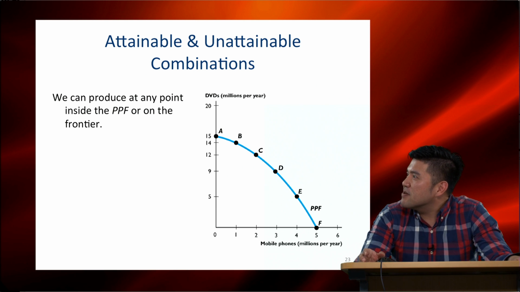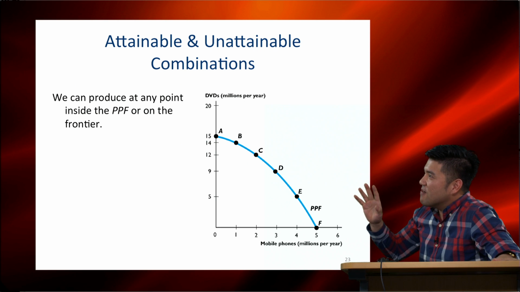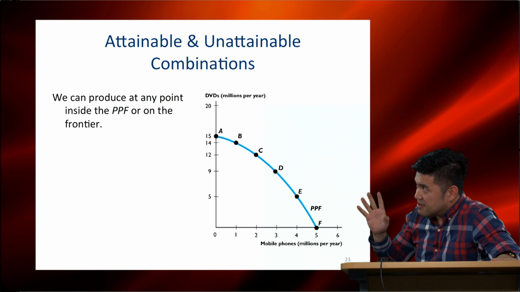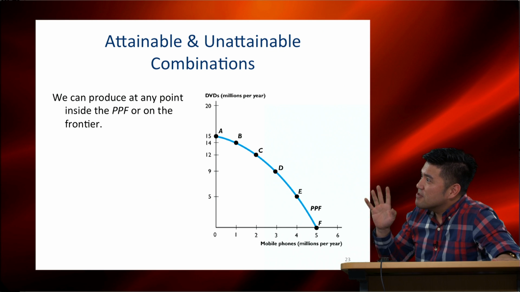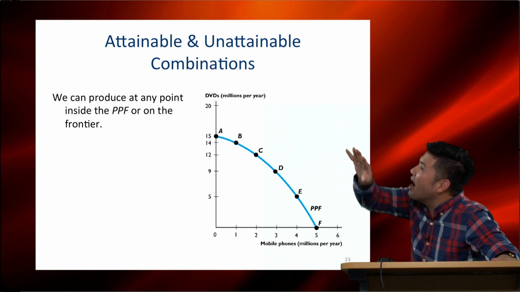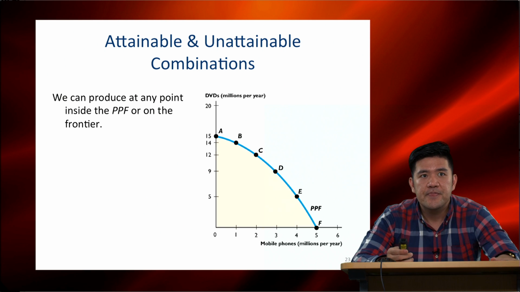We can produce at any point inside the PPF or on the curve. So again, we can produce at any point inside the PPF or any point along the frontier curve.